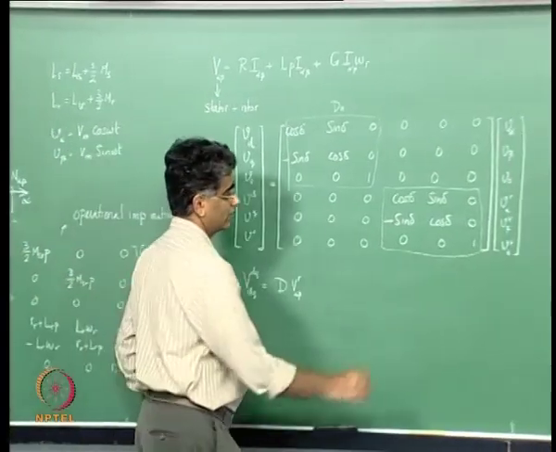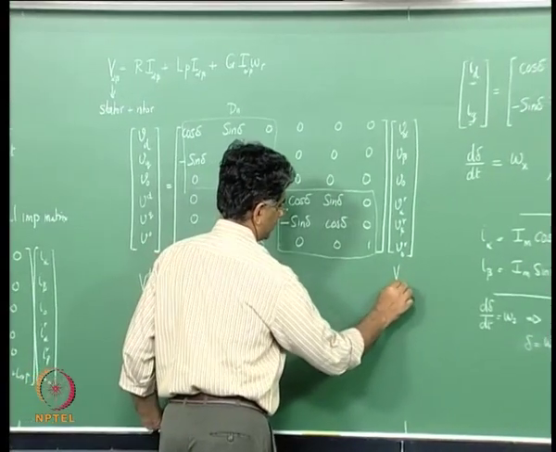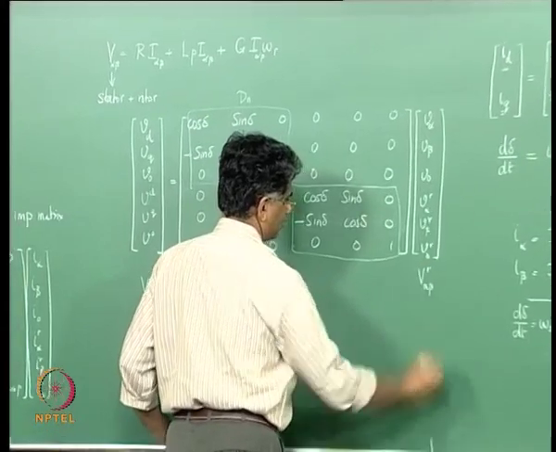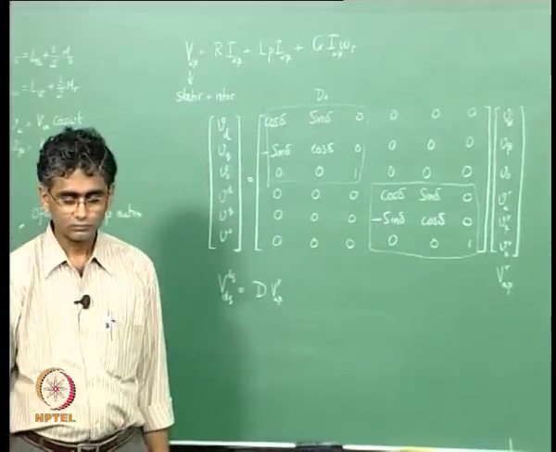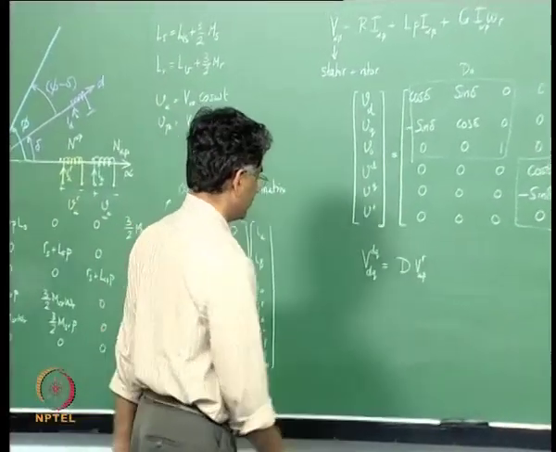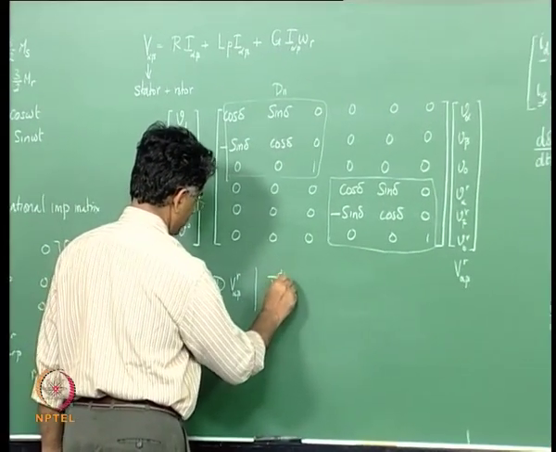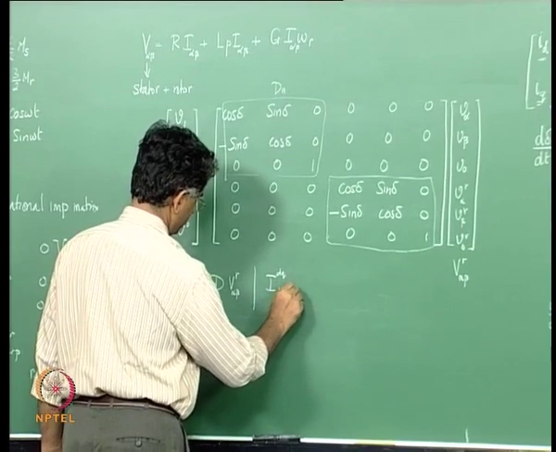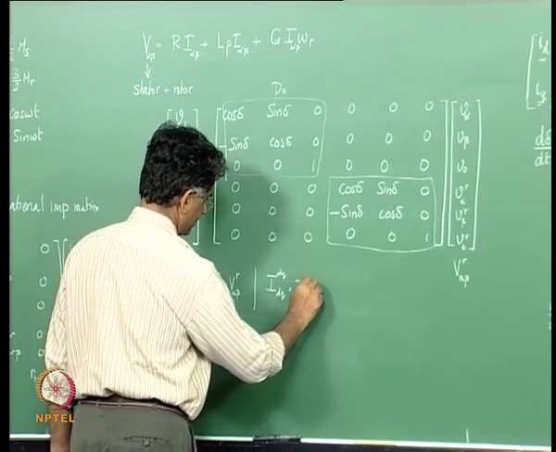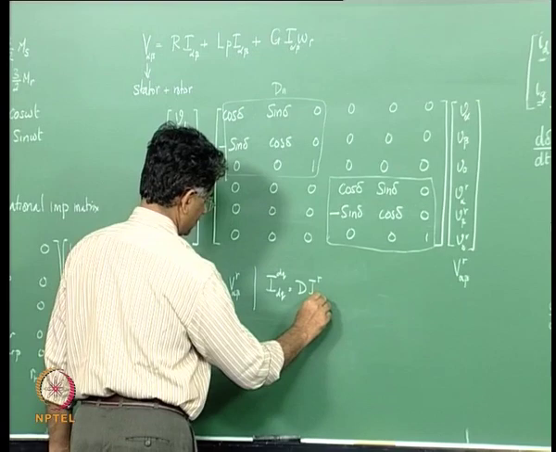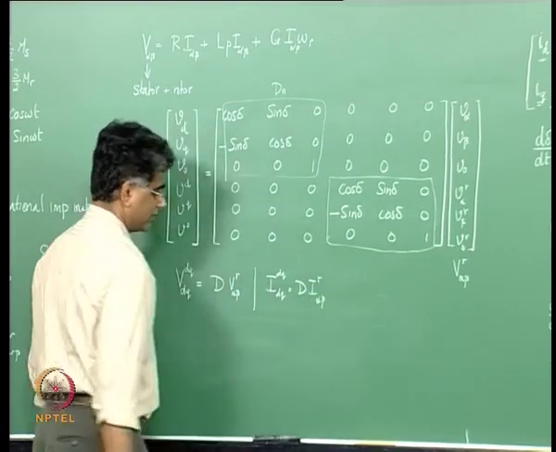So, this vector we let us call it as alpha beta and then R. Similarly, then we can define I dq is d times I R alpha beta.